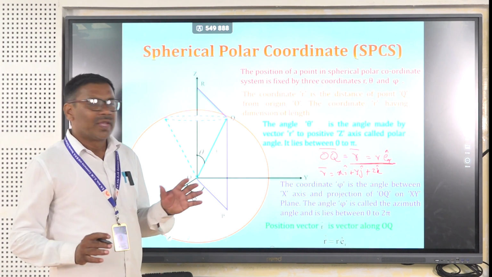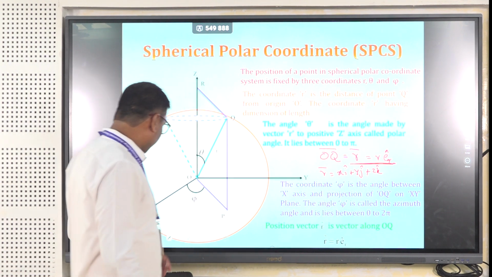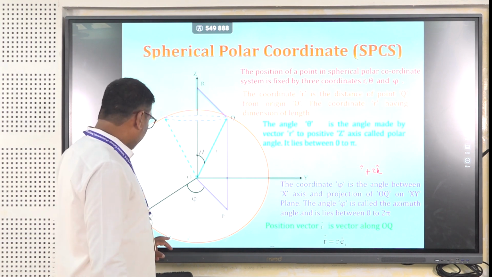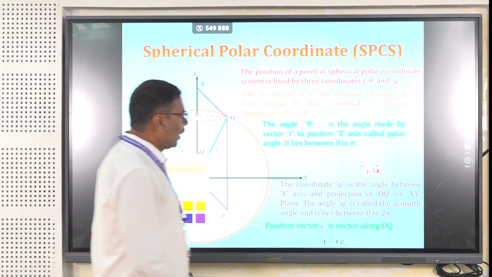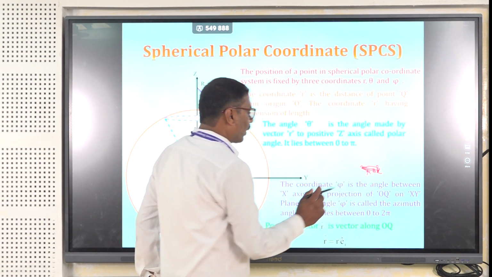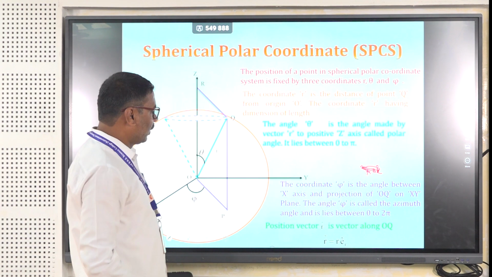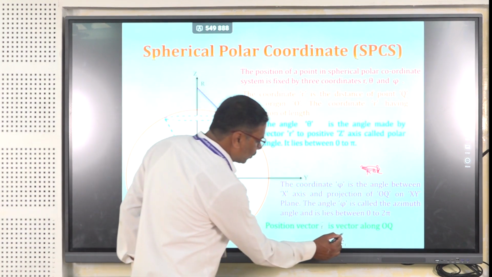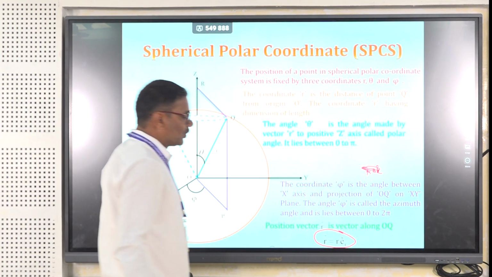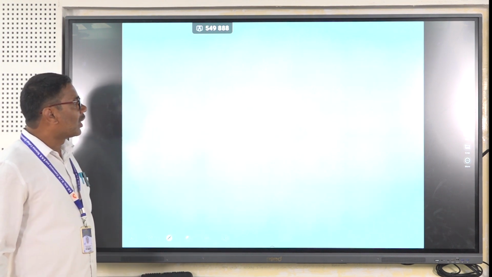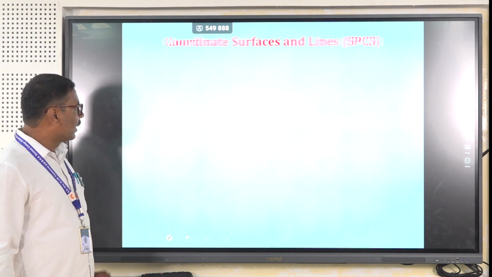So we need only one coordinate to represent the position of a point. Now then the coordinate surfaces and coordinate lines.